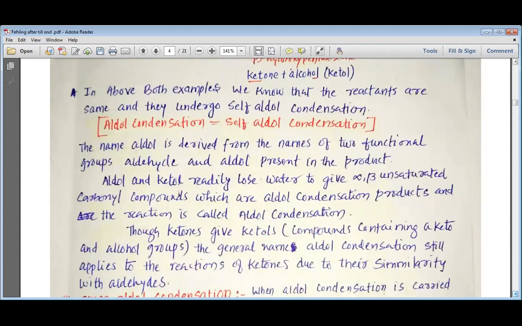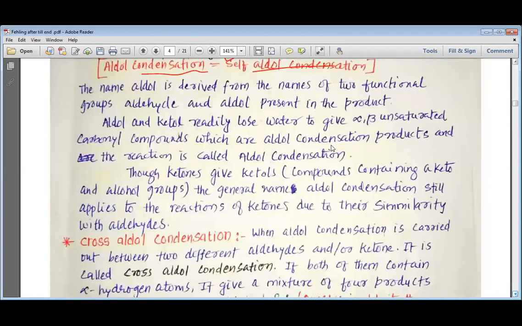In the same way, my dear students, in both the above examples, the reactants are the same and they undergo self-aldol condensation. So simple aldol condensation can also be called self-aldol condensation. The name aldol is derived from the names of two functional groups, aldehyde and alcohol, and this is how we call it aldol.